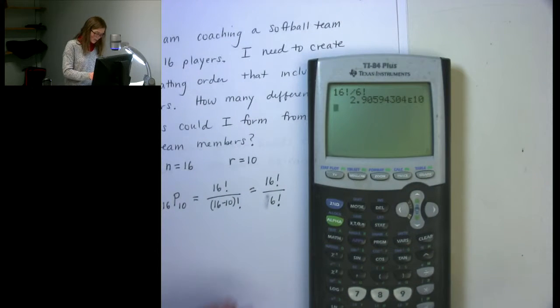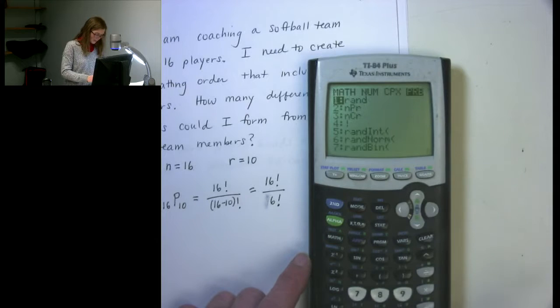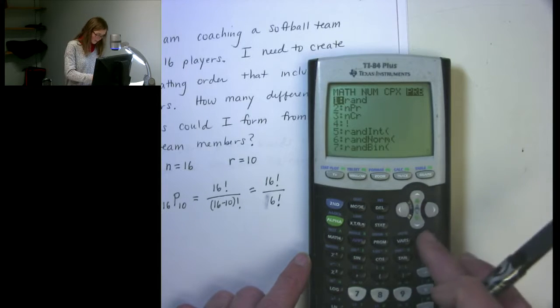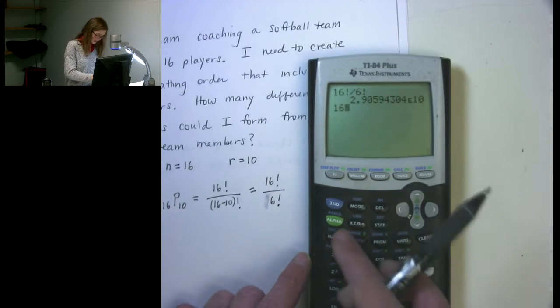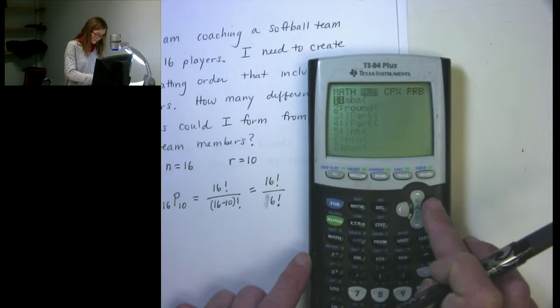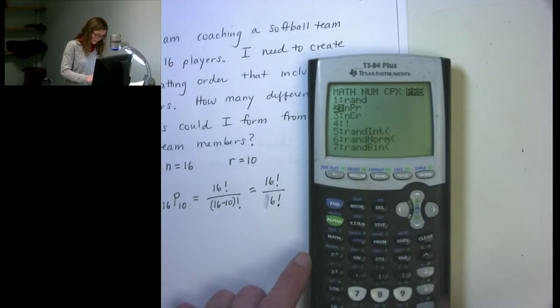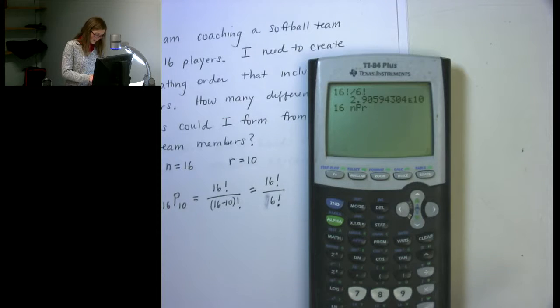Just to show how we could do this directly without calculating the factorials, we could also use the math button and go to probability. Actually, let me clear out of there. I think I need to do 16, then math, and then say I'm choosing 10, and that also calculates the number of permutations for me.